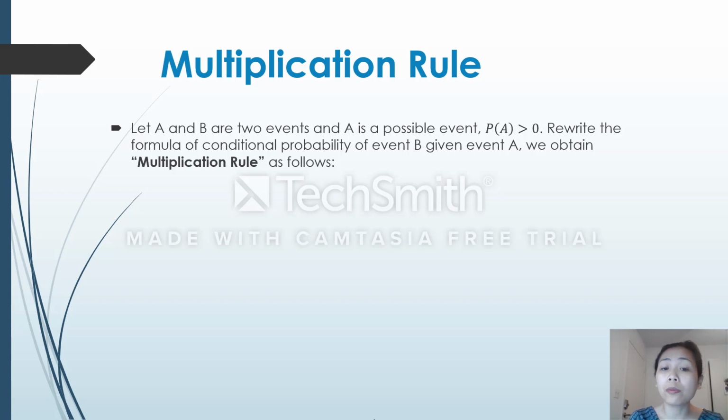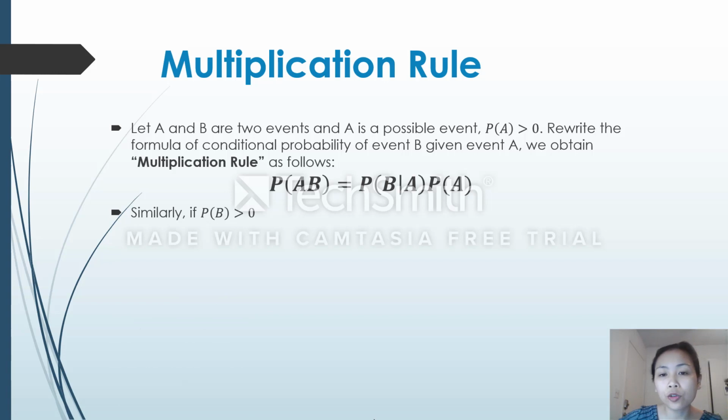Rewriting the formula of conditional probability of event B given event A, we obtain the multiplication rule as follows: probability of A and B is probability of B given A times probability of A. Similarly, if we interchange A and B, assuming that B is also a possible event, probability of A and B is also the same as probability of A given B times probability of B. To obtain this formula, we basically write out the formula of probability of A given B as probability of A and B over probability of B, and then multiply both sides by probability of B. So that is the multiplication rule.